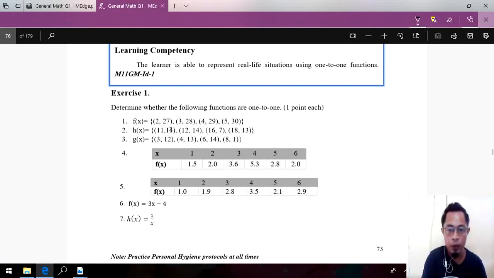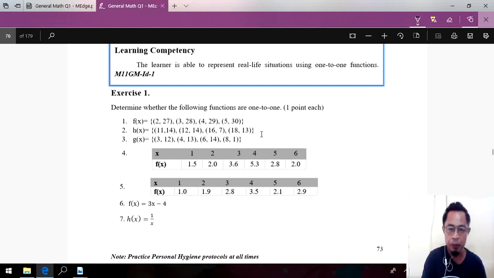By inspection, you would notice that there's a doubling of this value 14. There is no more unique value in the range. Kasi nga, meron tayong 14, meron tayong ulit na 14. Ibig sabihin, the values of the domain 11 and 12 are being mapped to 14. And with that, it now violates the definition for one-to-one function. So we can say now that that one is not a one-to-one function.